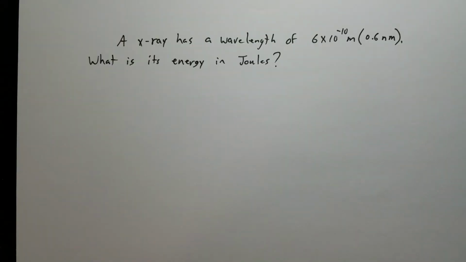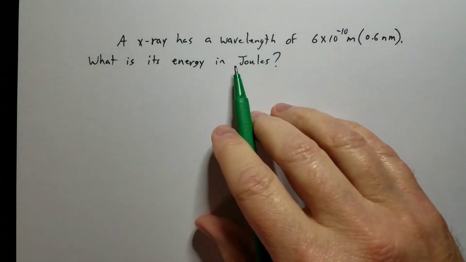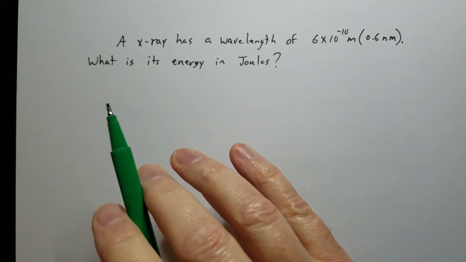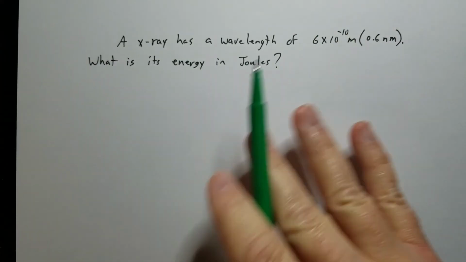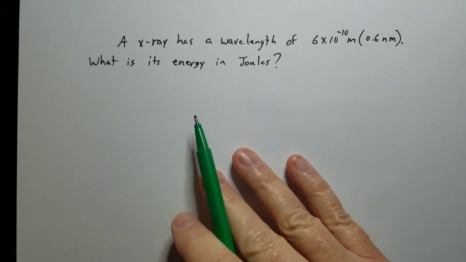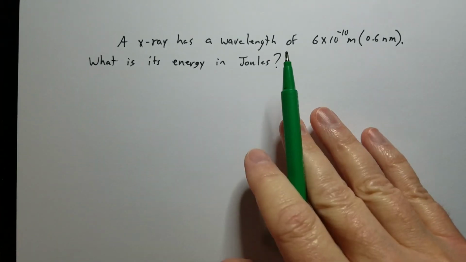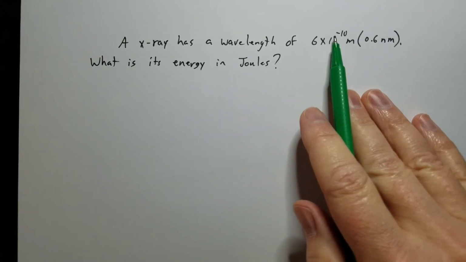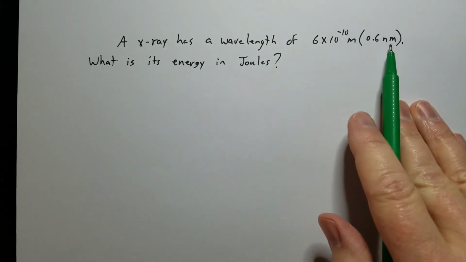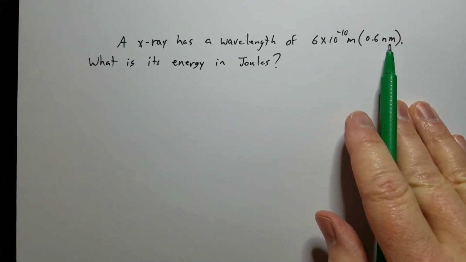All right, let's look at this question here, where I've got the wavelength of the X-ray. Now remember, this energy of a photon works for any version of our electromagnetic spectrum, okay? Not just visible light, but all of them. And sometimes you're given the wavelength, like this one, 6 times 10 to the negative 10 meters, or it could be given in nanometers.